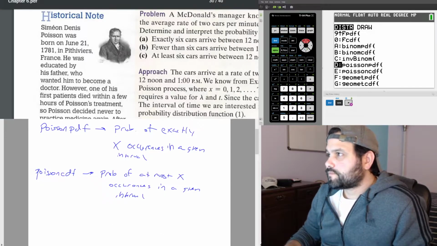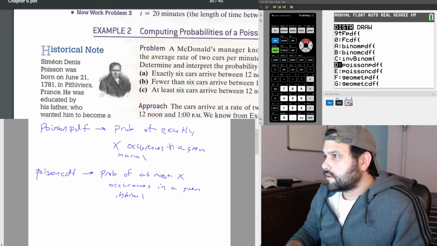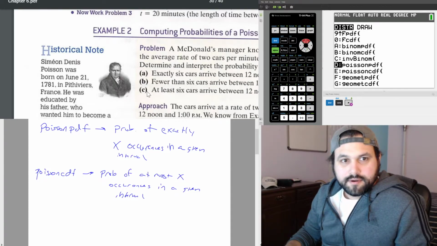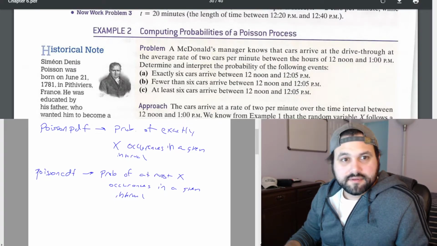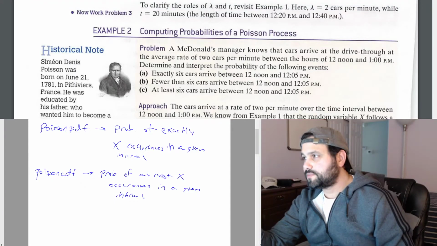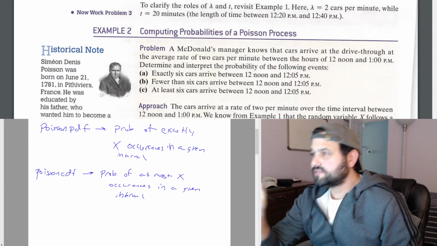So let's take a look at this example here. Same situation, 2 cars per minute between 12 noon and 1 p.m. Determine and interpret the probability of the following events.